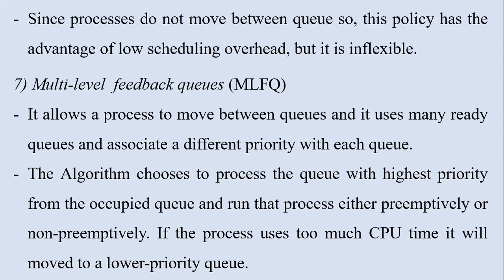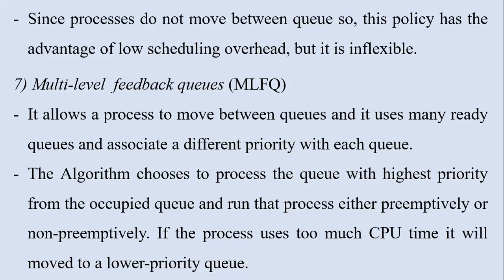Since processes do not move between the queues, this policy has the advantage of low scheduling overhead, but it is inflexible. Number 7, we have multi-level feedback queues, also called MLFQ.